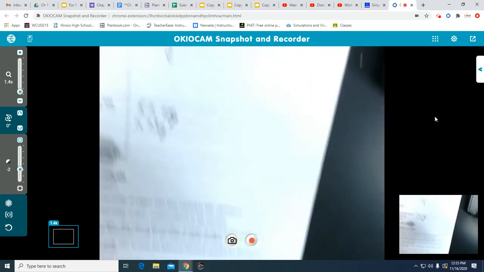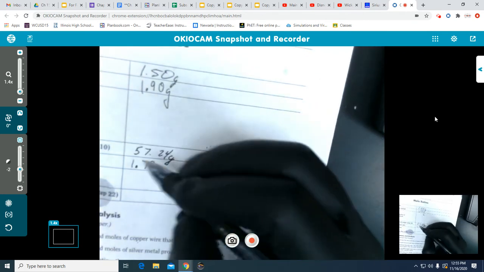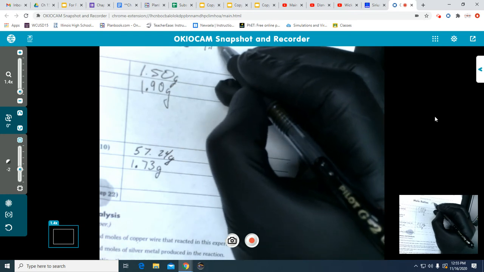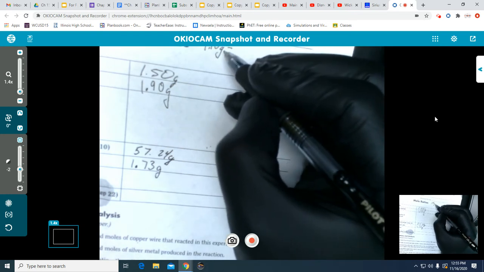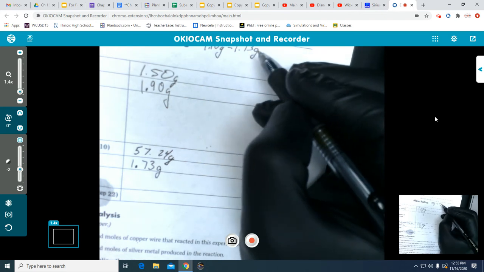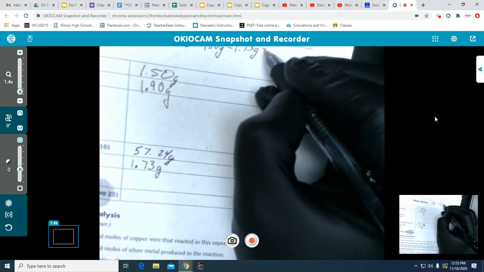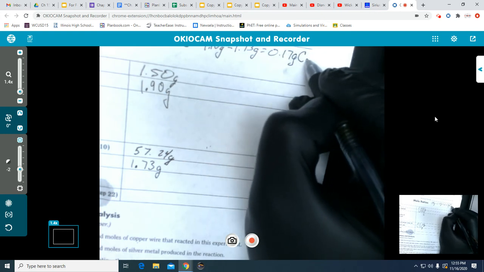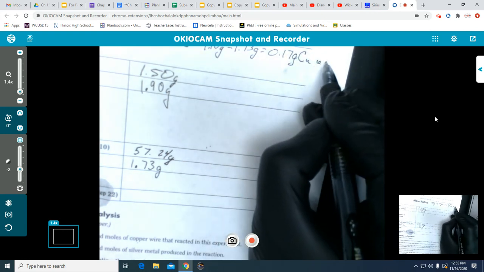What we do need to do is look at copper. We start off with 1.90 grams. The leftover copper was 1.73 grams. So this results in 0.17 grams of copper that was used.